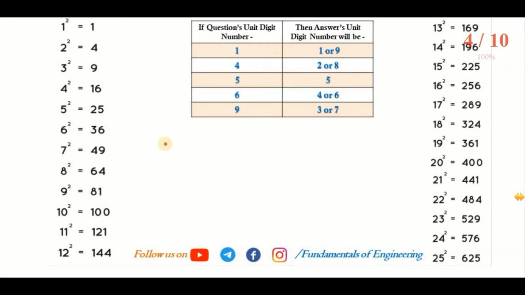So we will take the first example, the square root of 3481, right? Now you can see the question's unit digit is 1. So if the question's unit digit is 1, then our answer's unit digit will be 1 or 9.